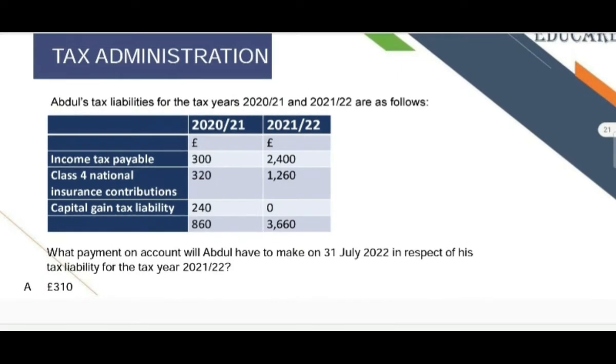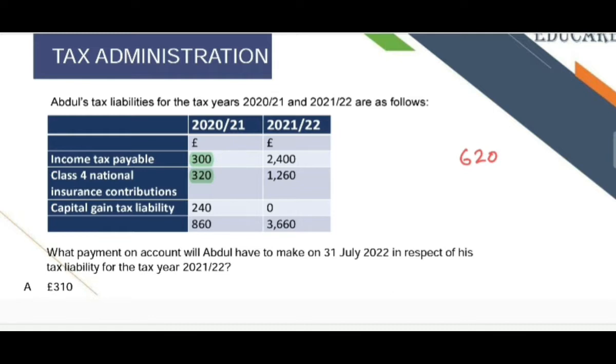In this case, the previous year's income tax is 300 and the previous year's Class 4 NIC contribution is 320. In total, this amount is 620, which is less than 1000.